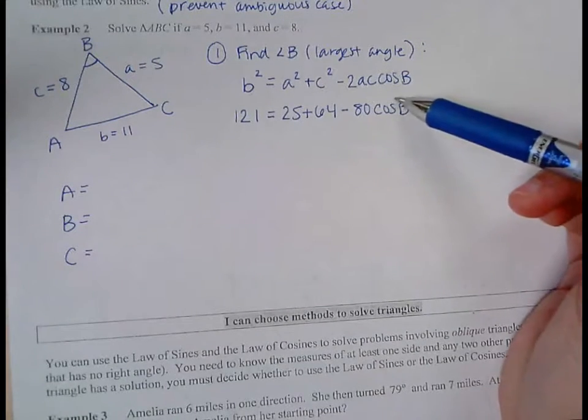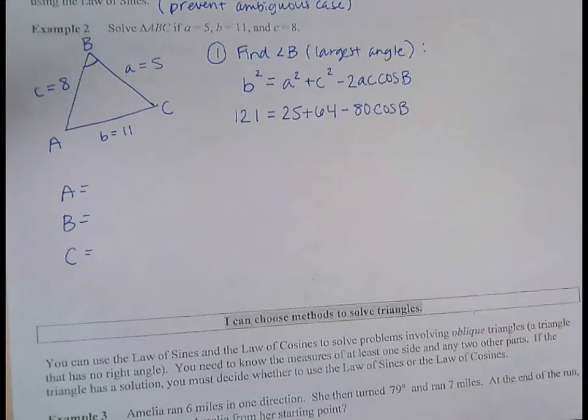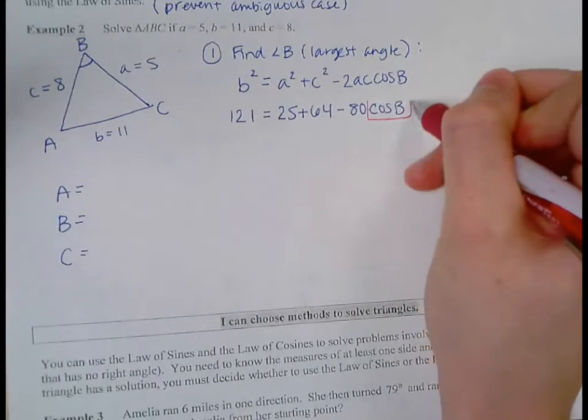And again, this cosine of angle B is multiplied by the 80. So what would I have to do to this equation if I was to get angle B alone? Solving for angle B. Yep, eventually I have to do the inverse, but I have to get cosine of B alone to do that.